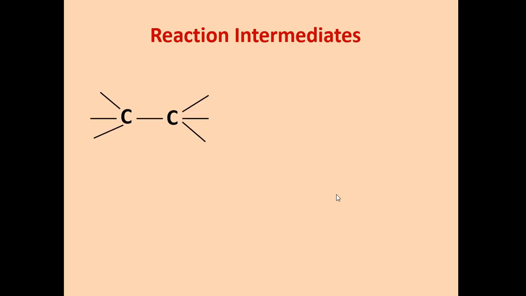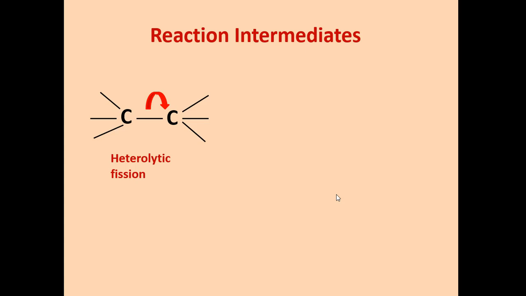We'll now discuss the different types of organic intermediates. Here you find an example where you have two carbons joined by a sigma bond. Now the two electrons constituting the covalent bond between carbon and carbon are shifted to one of the carbon atoms. This is heterolytic fission.